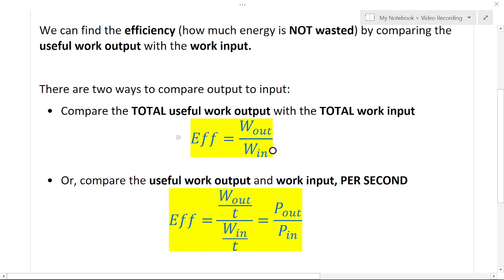And you may know, or if you don't know yet, you will learn in your physics class that the work per second is called power. Work per second is measured in watts, and that is a power output or a power input. So looking at the total work output and total work input, or looking at the output versus the input per second, we can find the efficiency.